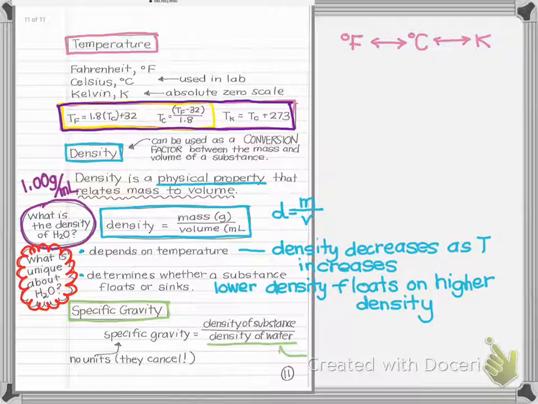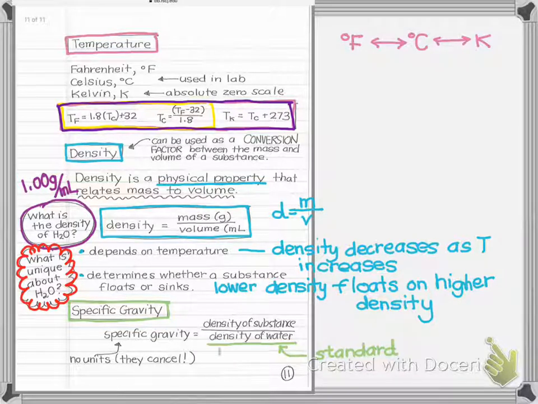Now, in this case, I wrote water here, and that's because water is the standard for both liquids and solids. If we were doing a gas, the standard for gas would be air. But normally we're talking about liquids and solids. So specific gravity is simply comparing the density of your substance to the density of a standard, and in this case it would be comparing it to water.